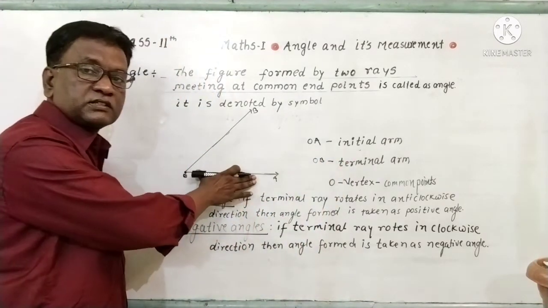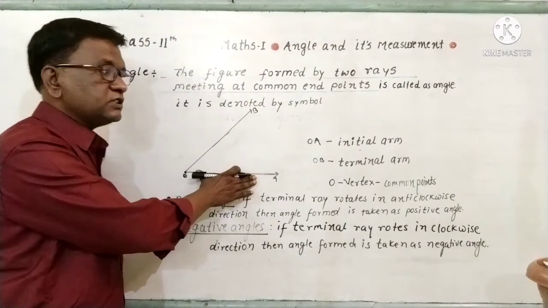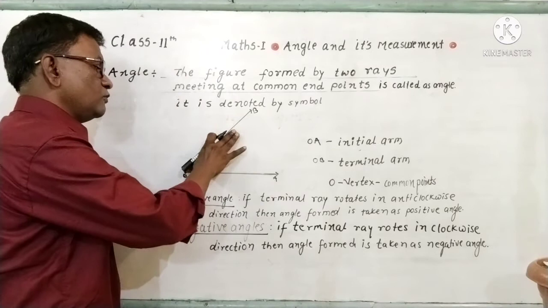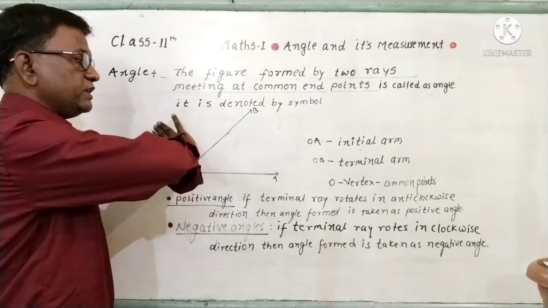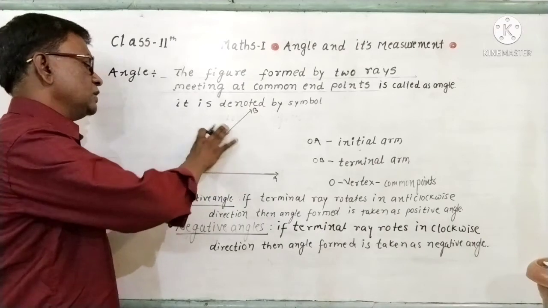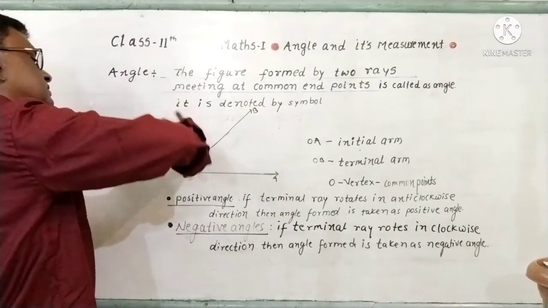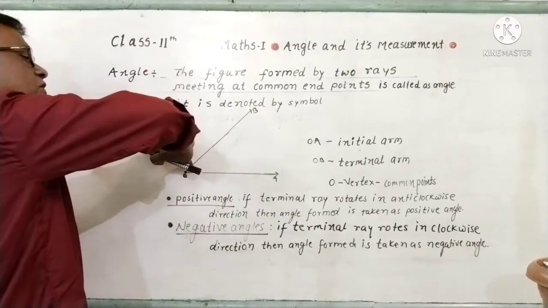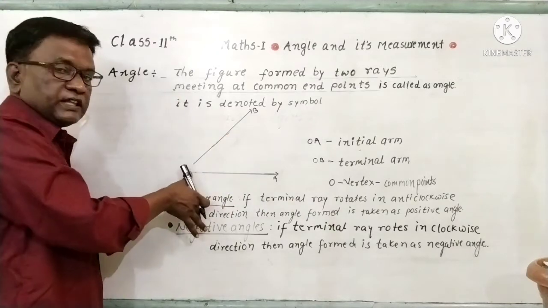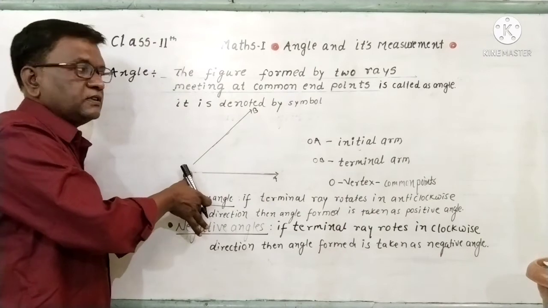OA is fixed. The arm which is fixed is called the initial arm, and the arm which can move in a clockwise sense or in an anti-clockwise sense. If this arm moves in this direction, it is called anti-clockwise, and if this arm moves in this way, then it is clockwise.